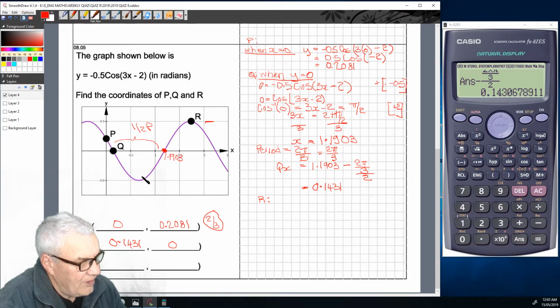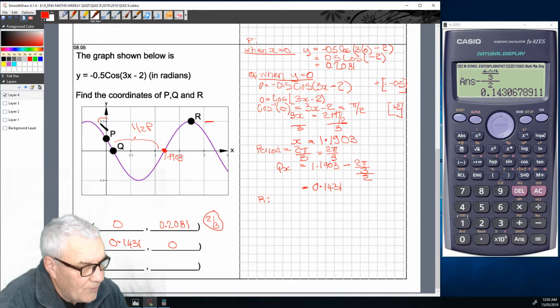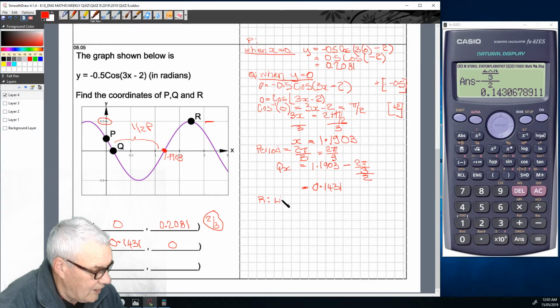Well, it's negative there for that one, but it's actually 0.5. So what we can see here is the coordinate of R is going to be down here when y equals 0.5.